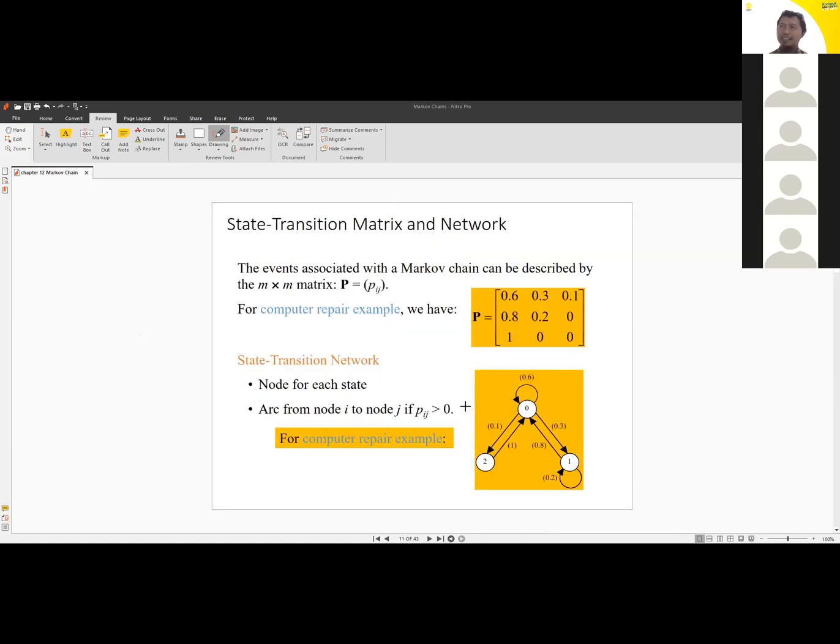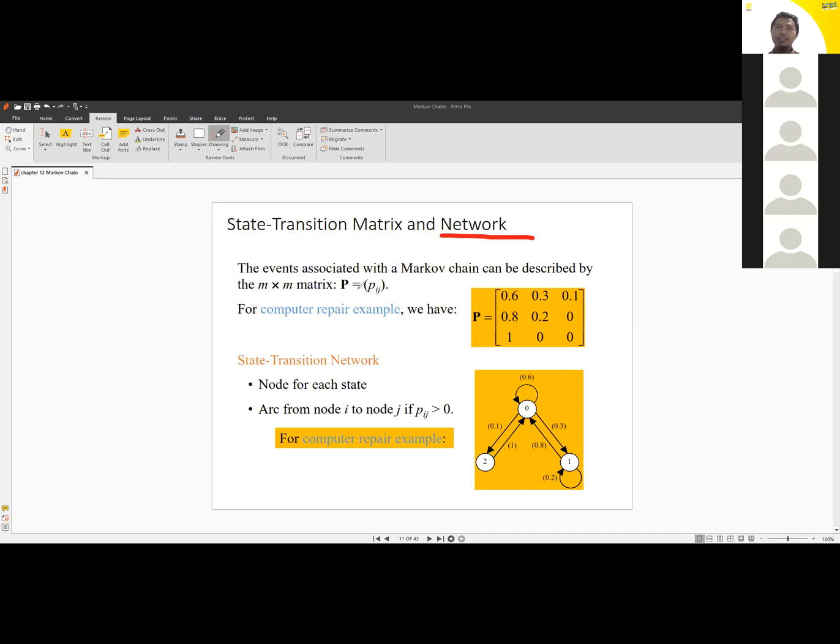Okay, let's move forward again. We already discussed the state transition matrix. So today is the network. In the slide is the network. A network is a kind of connection, point to point, point to multi-point.